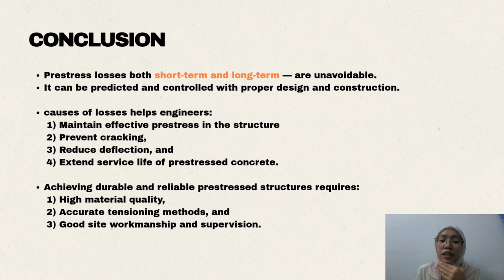By understanding the causes of losses, engineers can ensure that the effective pre-stress remains sufficient to prevent cracking, reduce deflection, and improve the service life of pre-stressed concrete structures. Therefore, careful attention to material quality, tensioning methods, and site procedures is essential for achieving durable and reliable pre-stressed structures.